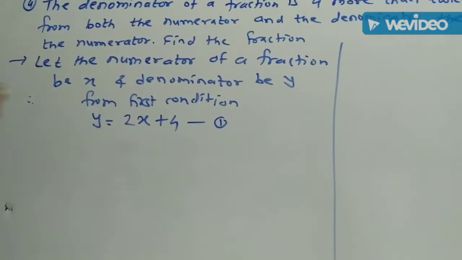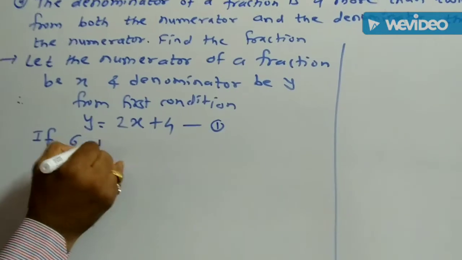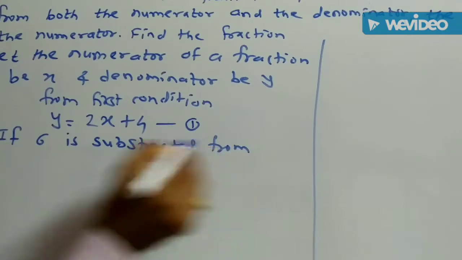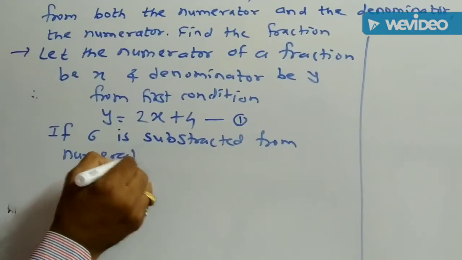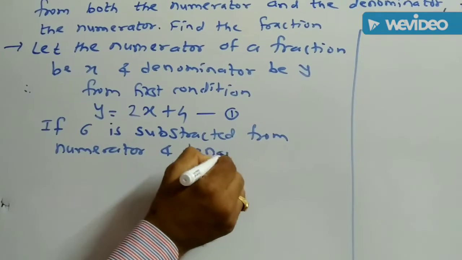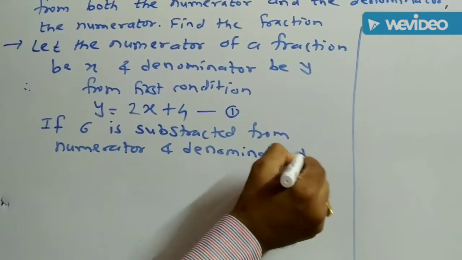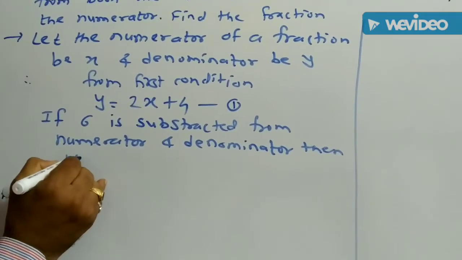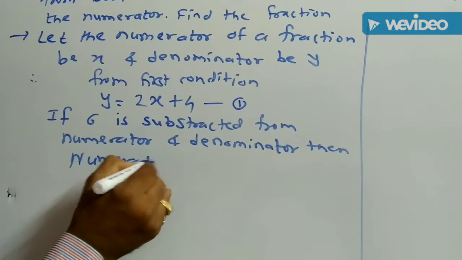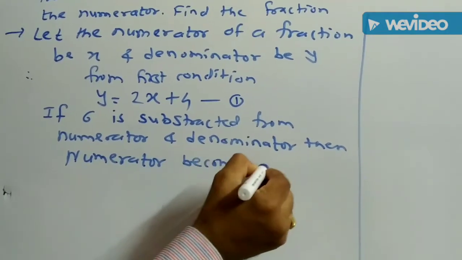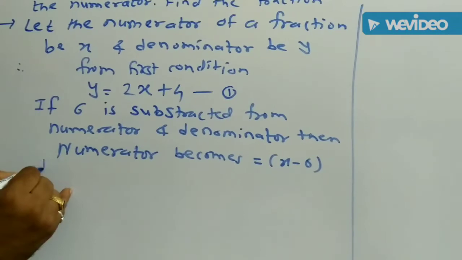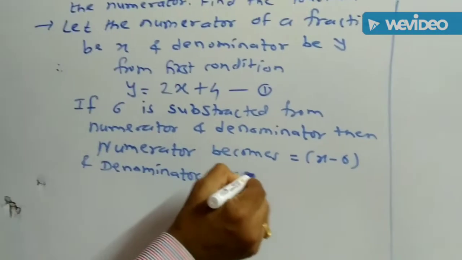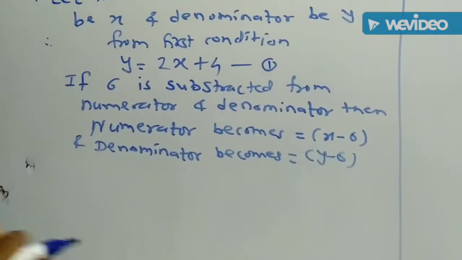Now the second condition: if 6 is subtracted from the numerator and denominator, then the numerator becomes x minus 6 and the denominator becomes y minus 6.